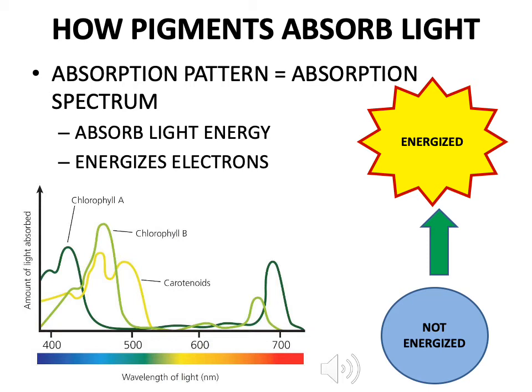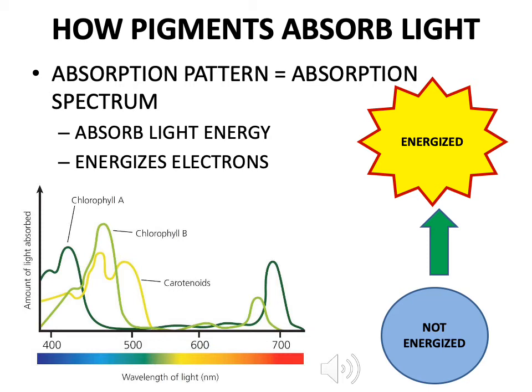Chlorophyll B, the light green line, does not seem to absorb so well in the violet range, but when I get into the blue, shifting even into the green, chlorophyll B does a heck of a lot better. And then it drops out, once again, as I get to green and yellow and even into orange, and I see a secondary peak of absorption as I move from orange to red.